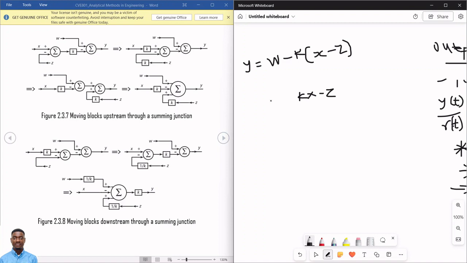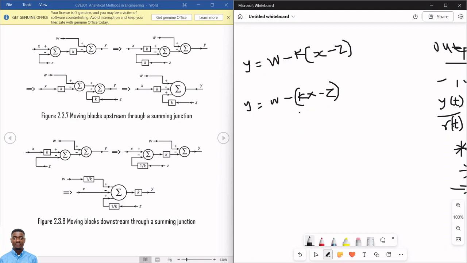Plus W. And since the signal here is coming into the negative terminal here, that will be all of this in brackets minus W equals Y. Now I wrote this assuming that I only move this block over this summing junction and I put it on this line alone.